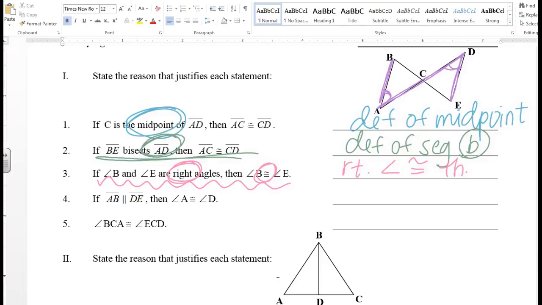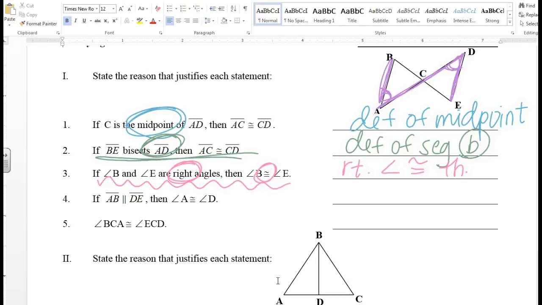It's 10 through 14. It's one of those. Alternate interior angles. If it makes the letter Z like this, it's alternate interior angles.